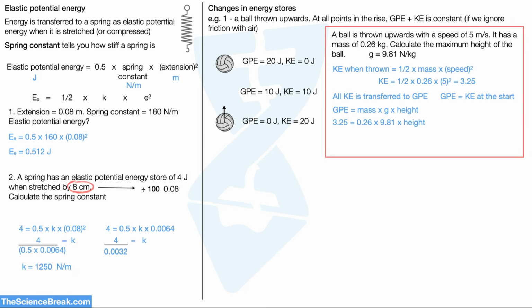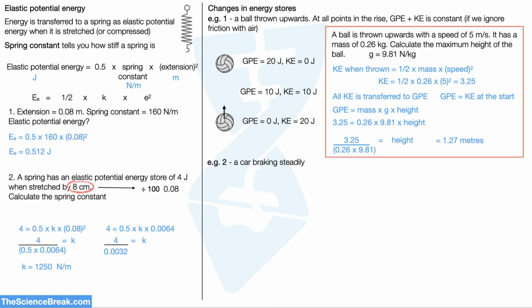That will give us 3.25 is equal to 0.26 times 9.81, given in the question, times height. We can rearrange: 3.25 divided by 0.26 times 9.81 in brackets. That will give us the height, which is 1.27 meters. So that's the kind of thing you might be asked on a higher paper or for a higher mark question, because two equations are required.